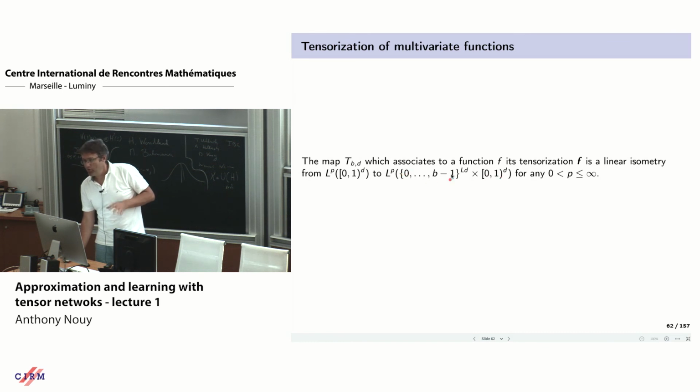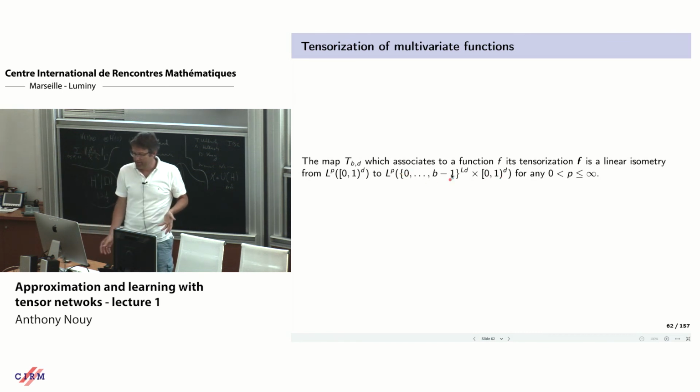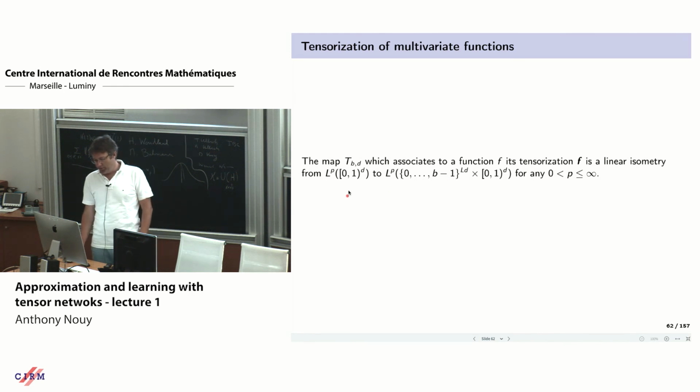The consequence is that topological properties that you are able to show for tensor networks will give you some properties of the corresponding function sets in the L^p spaces that you consider for approximation. So, an interesting isometry property of this tensorization map.